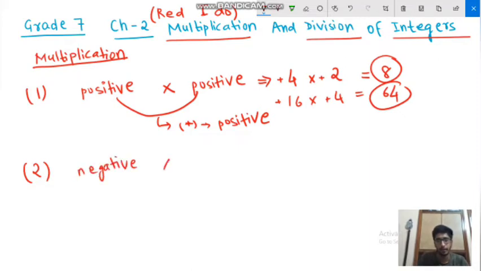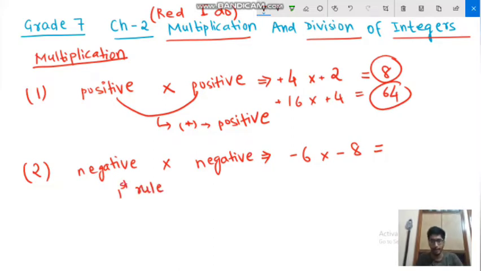Okay, look carefully. If both are negative, so if I take minus 6 into minus 8, okay, first step is forget the sign, forget the minus sign. Okay, so first rule I will write. First rule: while multiplying two negative integers, forget minus sign.